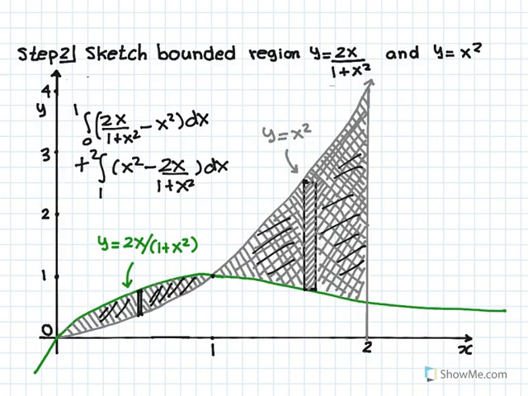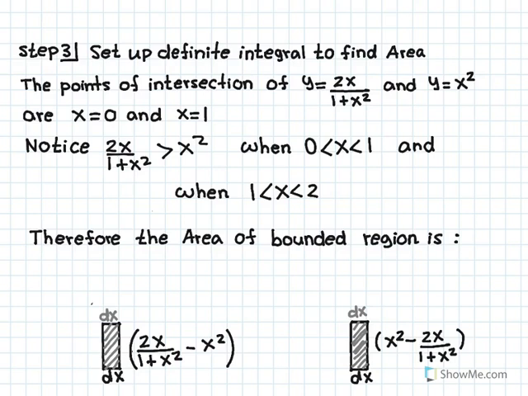We can clearly see that on the graph. And conversely, we know that x squared is larger than 2x divided by 1 plus x squared when x is between 1 and 2.